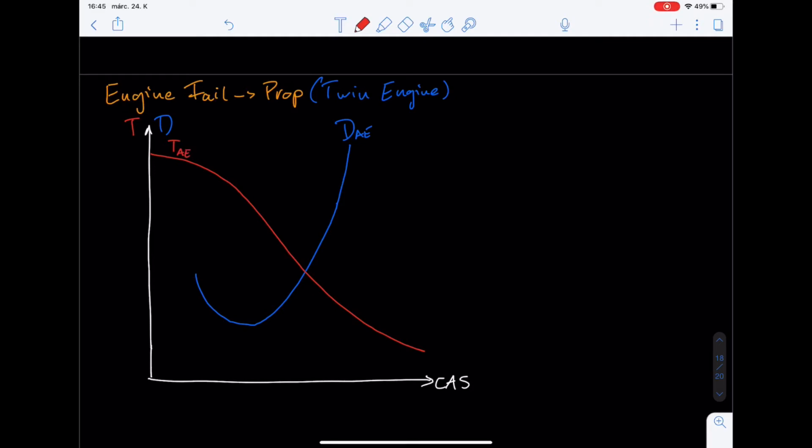Okay, so what happens if you have an engine failure is very convenient in the case of the thrust. Even if you have a propeller driven aircraft, the result will be the same. So the thrust force is going to drop to half of its initial value. So this is your thrust single engine.